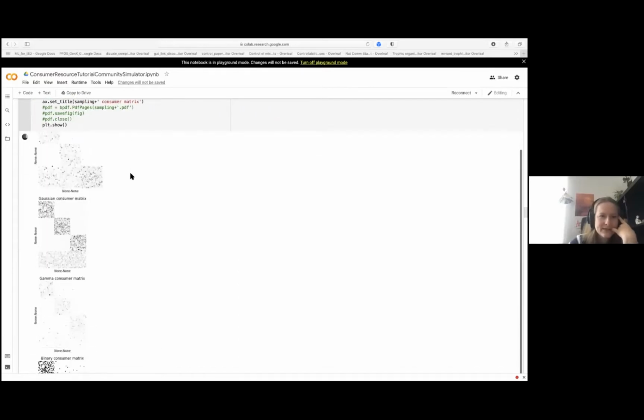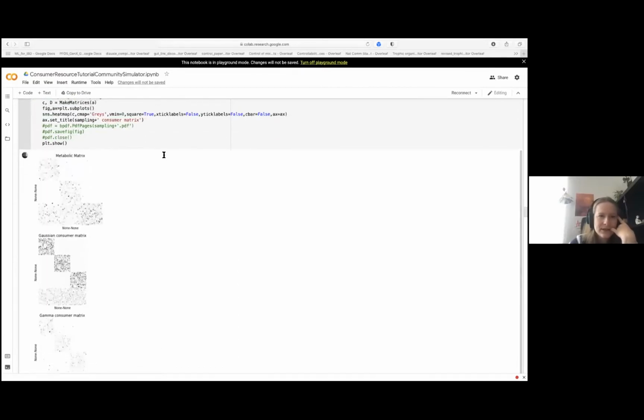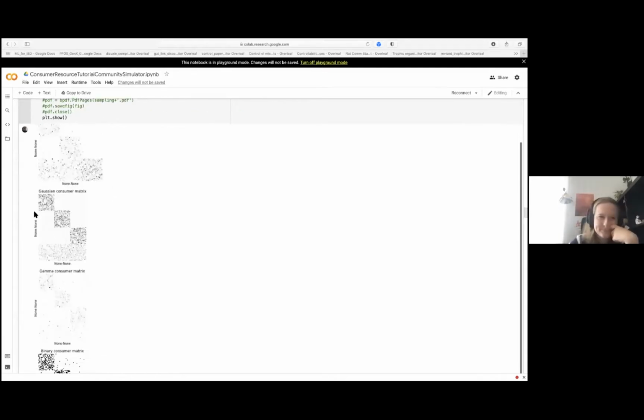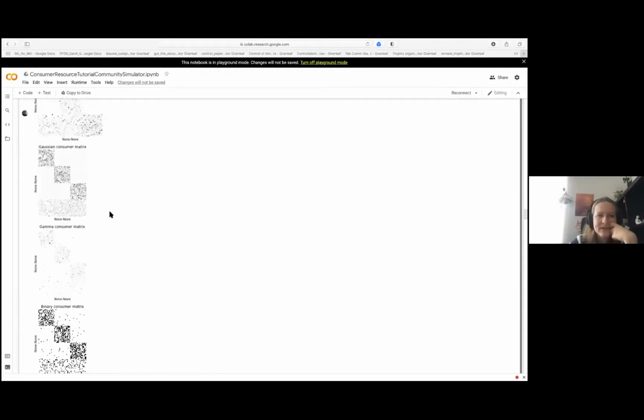And here they basically show several examples of the matrices they typically use in their papers. One is that binary generation, when you have two classes and then this major class that they actually call wasted resources, because a lot of species can produce them, but almost nobody really consumes them.